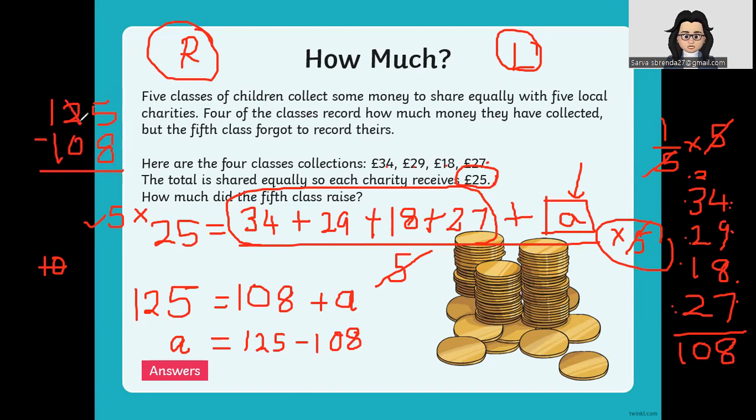You borrow, so 15 minus 8, 5, 6, 7, 8, that is 7. And over here, 1. So your answer here is 17, which means the last class collected $17. That's how much the fifth class raised.